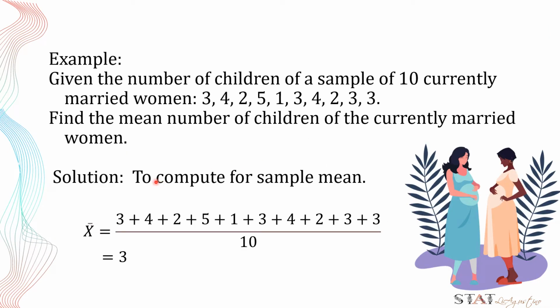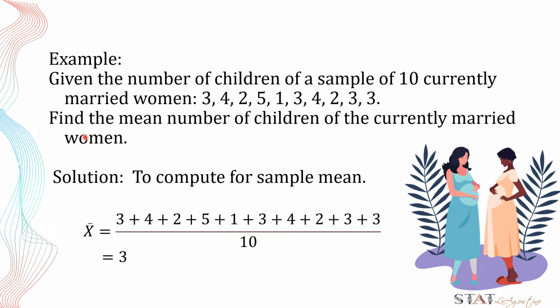For example, given the number of children of a sample, remember, a sample of 10 currently married women. Woman 1 has 3 children, the next woman has 4 children, the next has 2 children, then 5, then 1 child, and then 3, 4, 2, 3, 3.